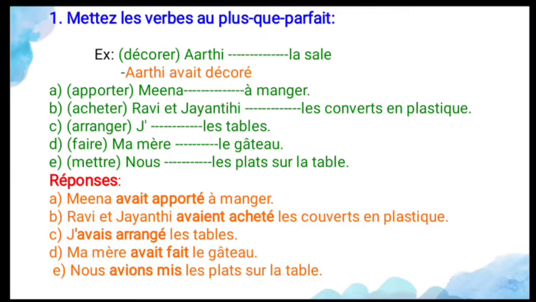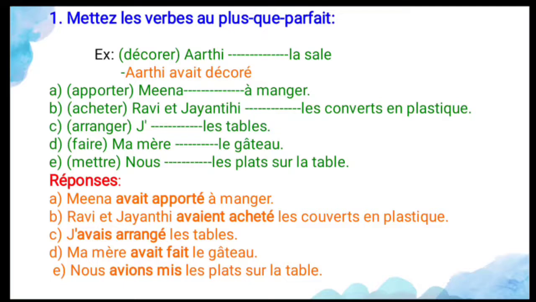Acheter means to buy. Ravi et Jayanti, dash, convert en plastique. So acheter is also not in the 16 verbs, so you have to use the avoir verb again. Ravi and Jayanti, two people are there, so the subject you can use is ILS. It can be used for the plural only.